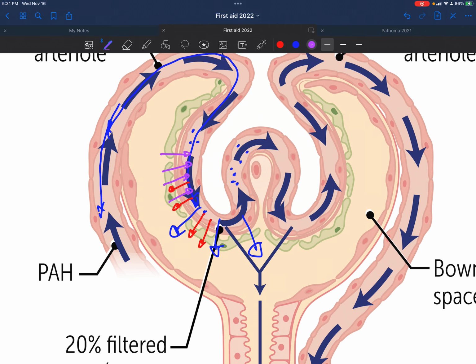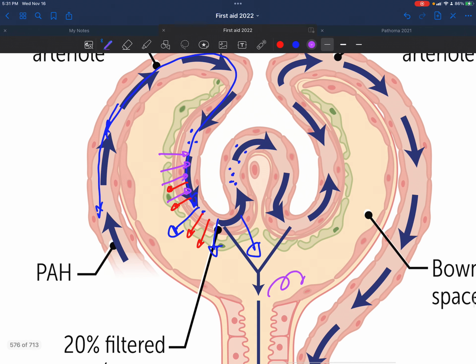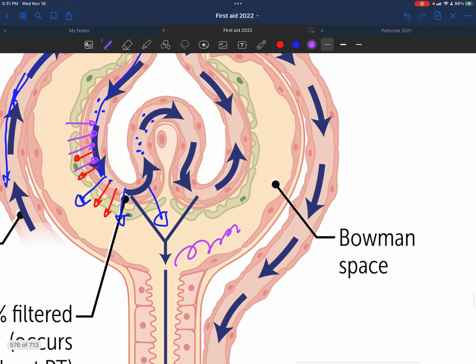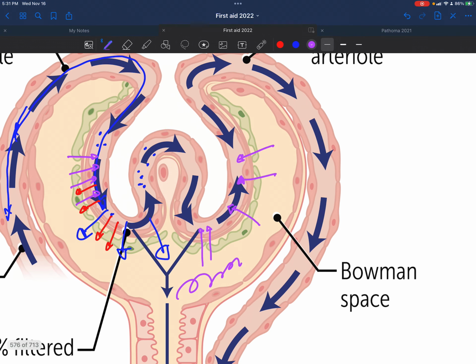The same thing applies for the Bowman space. This yellow thing is the Bowman space. It has two kinds of pressure on its own. Either it pushes its content to the outside, or there's another type of pressure, but this is there theoretically; in functional people the Bowman capsule doesn't have this hydrostatic pressure.